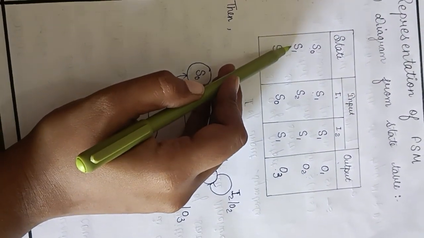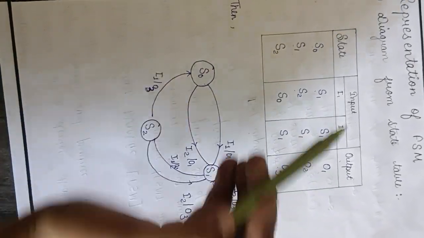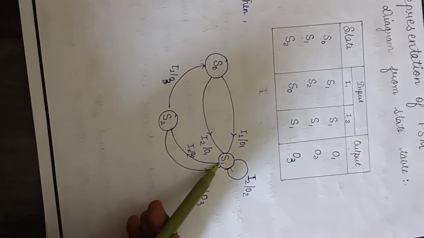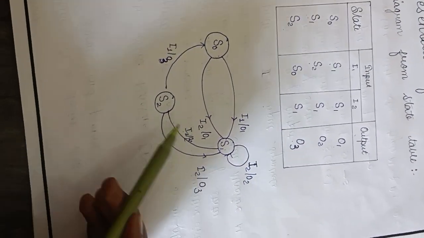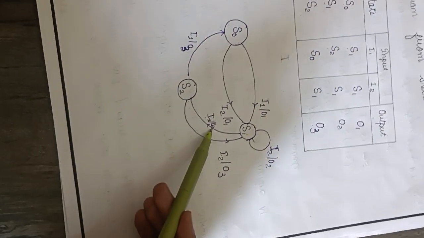Then in state S1, with input I1 the next state is S2. So from S1 to S2 we have input I1 and output O2.